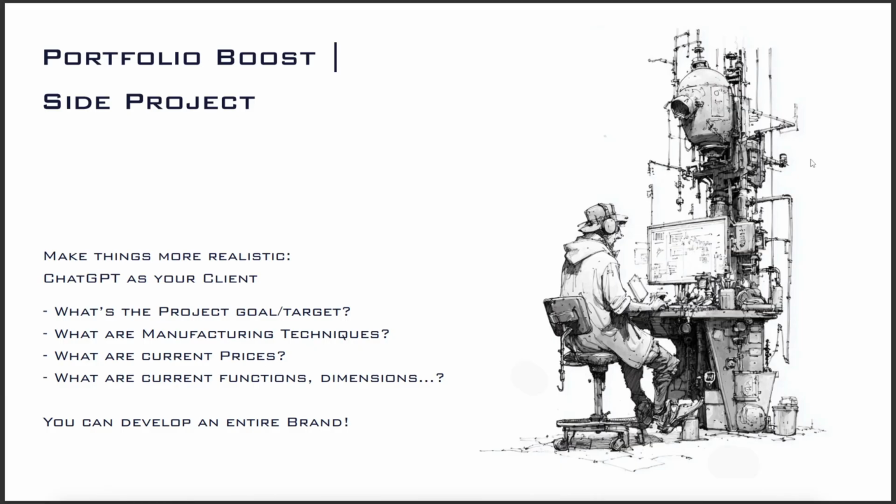So we can basically still utilize the strength of a real life engineering client project or design project and create a side project with our own decisions, with the own product that we want to do for the target group that we want to choose, and still have the relevant realistic constraints set up by conversation with ChatGPT.